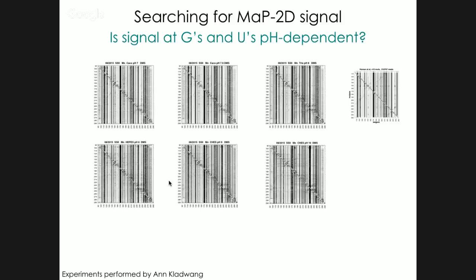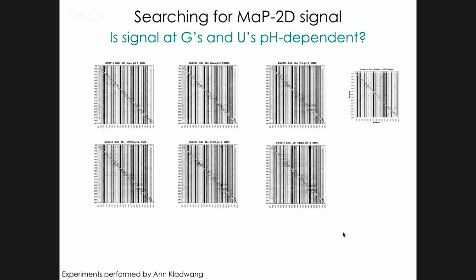So another hypothesis that Anne tested in her panel of experiments was to perform the modification reaction at a series of different pHs, ranging from 7 to 8 in different buffers, all the way up to 9 and 10, to see if the signal at higher pHs would more closely recapitulate the Homan data.